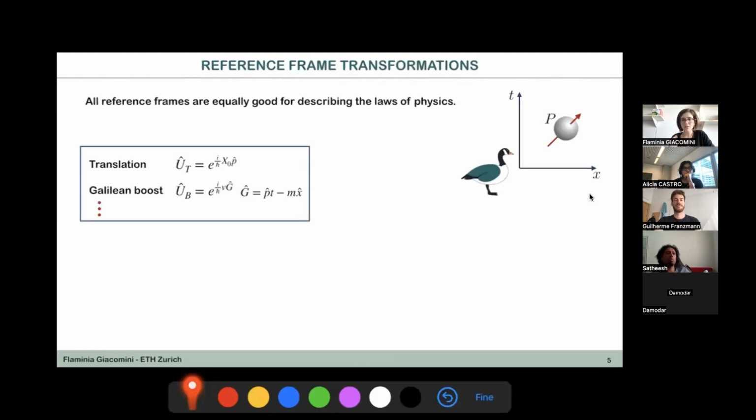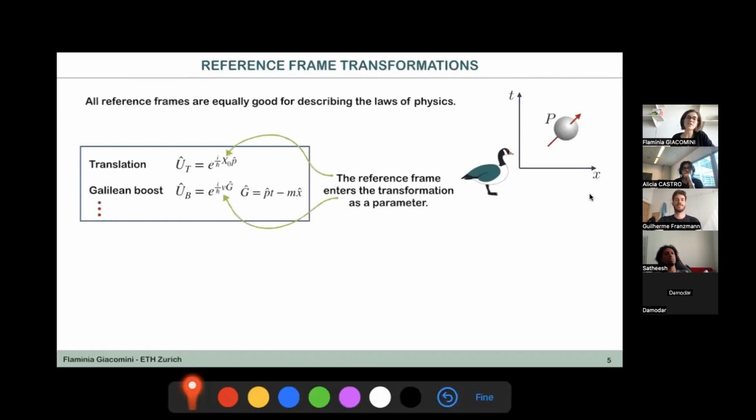Now what I would like you to focus your attention on are these quantities x0 and v. x0 is the relative position between the initial and final reference frame, and v is the relative velocity between the initial and final reference frame. In standard reference frame transformations, these quantities are parameters.